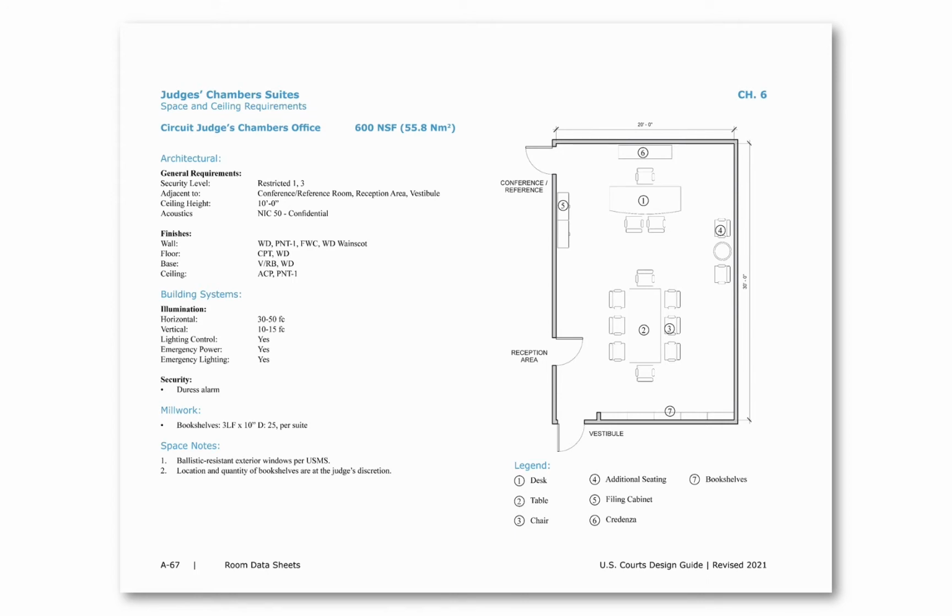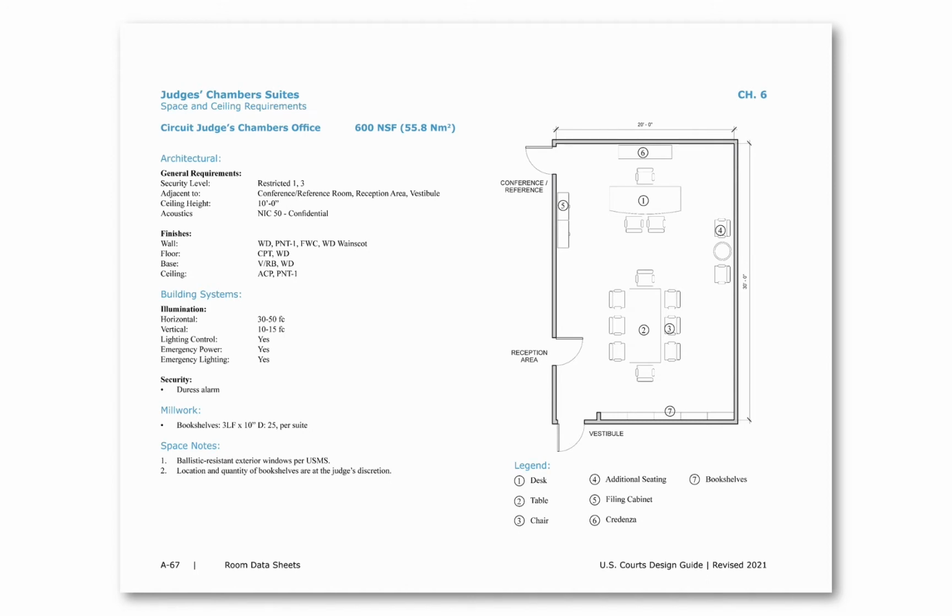The RDS are not intended to be a standalone document and should be used in conjunction with information located throughout the guide. RDS information can be accessed by clicking on the space name listed in the Space Requirements table in each chapter, or by navigating to the appendix.